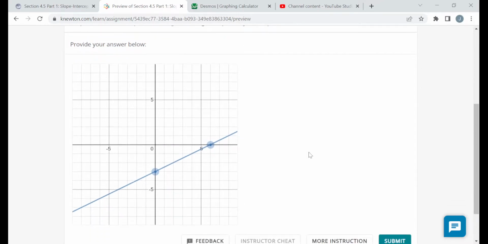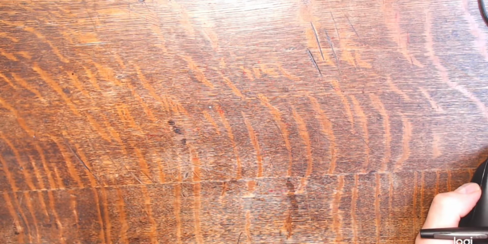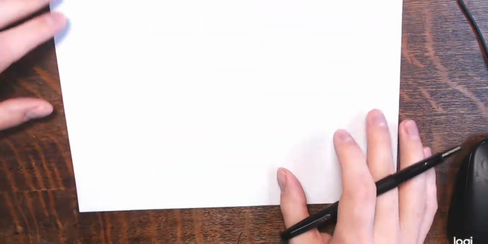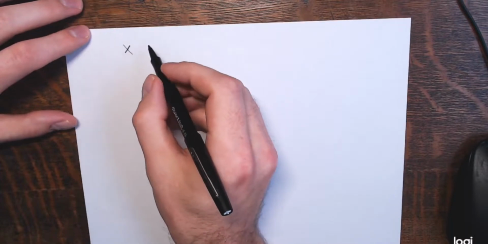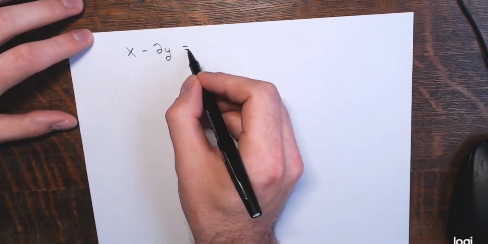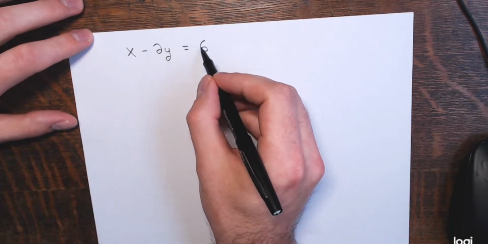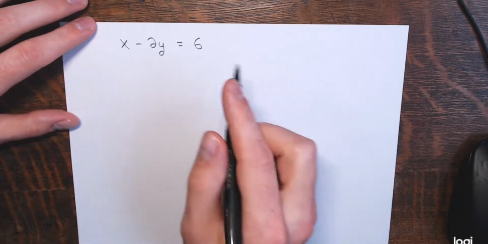here's another way I could graph this. Again, using the slope-intercept form, the slope and y-intercept. So here's the equation we were given. It's x minus 2y equals 6. And then let's solve for y. So first I would subtract x.